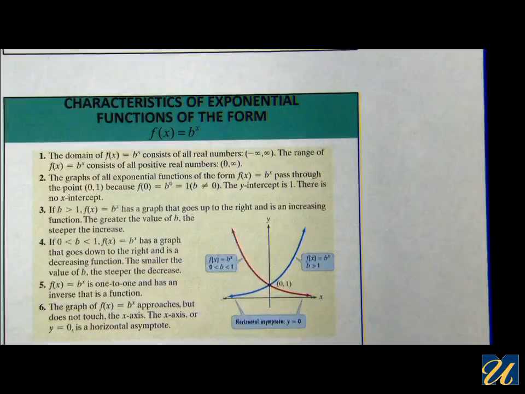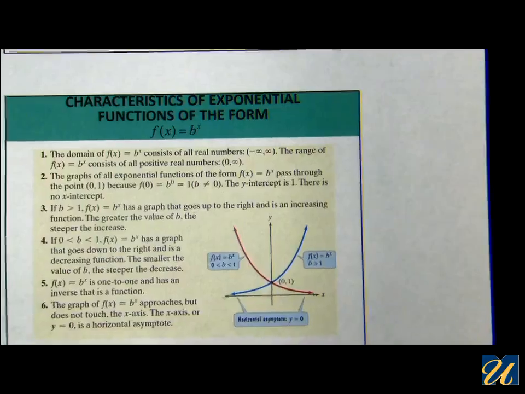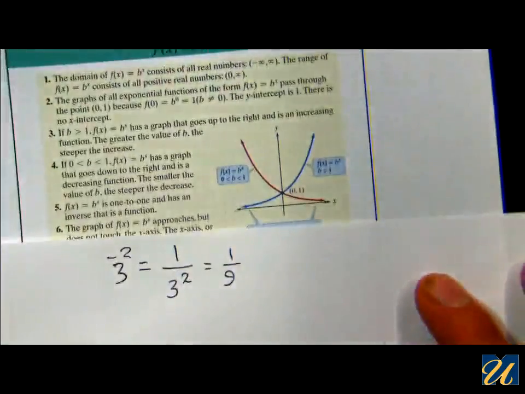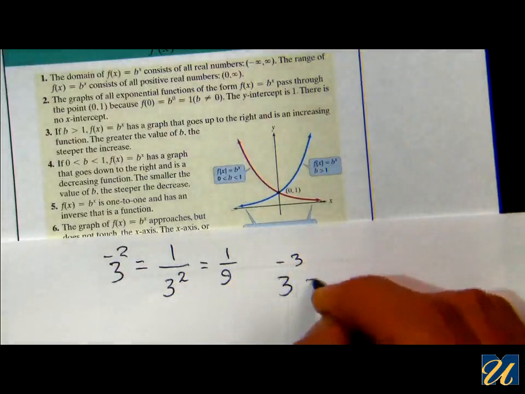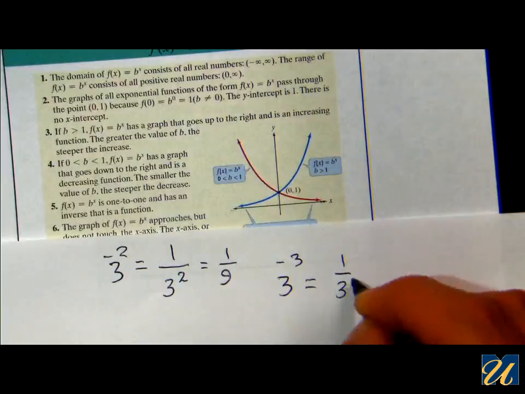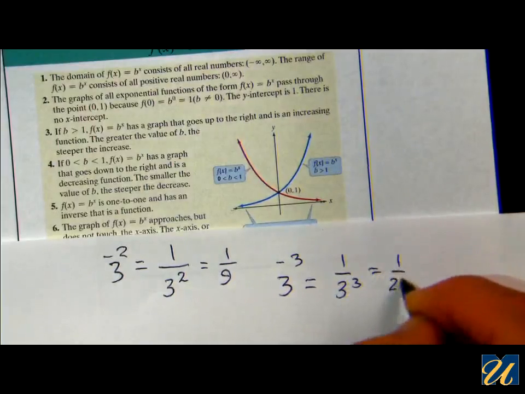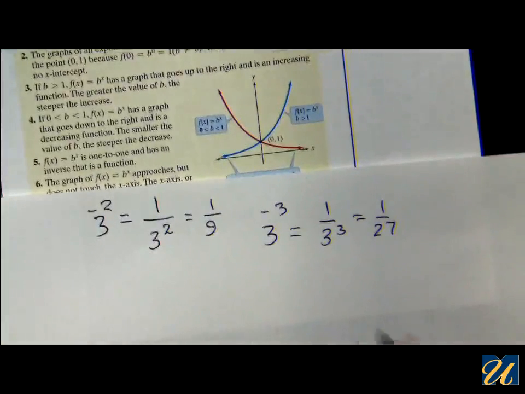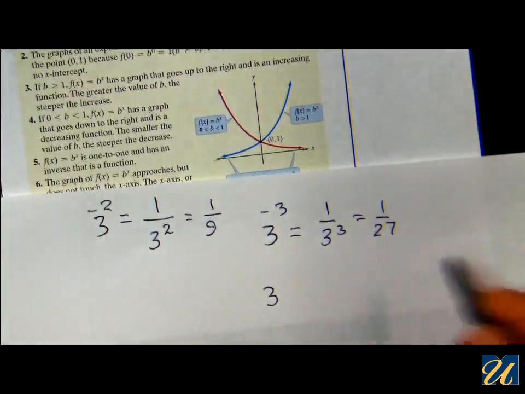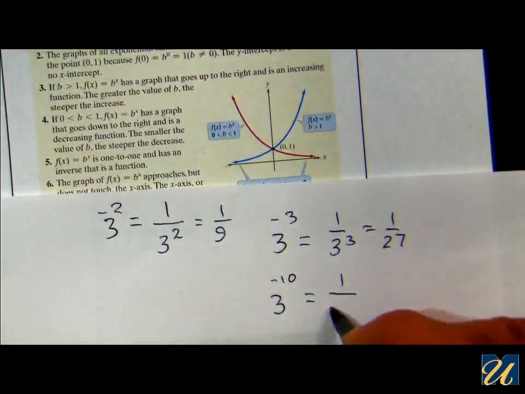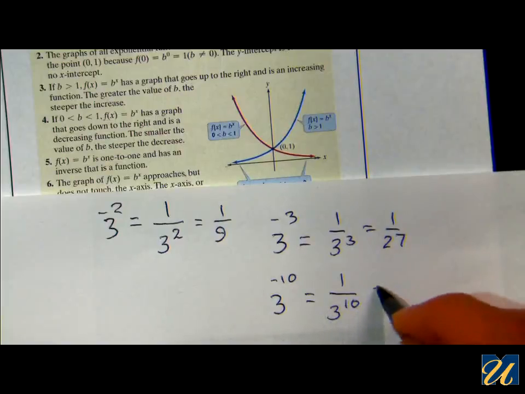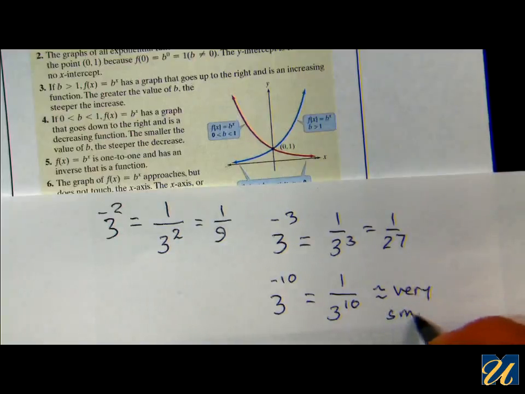That's the case because when you evaluate, let's say in the previous example, 3 to the power negative 3, that's 1 divided by 3 cubed, which is 1 over 27. As x becomes smaller and smaller in the negative direction, let's say negative 10, that's 1 divided by 3 to the 10th, which is very small.